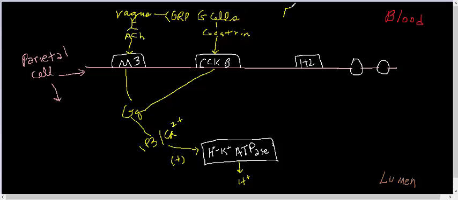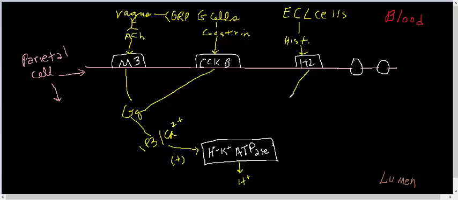And the third major factor arises from the enterochromaffin-like cells, or the ECL cells. Now, the ECL cells will sit near the parietal cells in the stomach region. And the ECL cells will release a paracrine substance called histamine. So this histamine will travel a short distance to the parietal cell and stimulate the H2 receptor on the parietal cell.